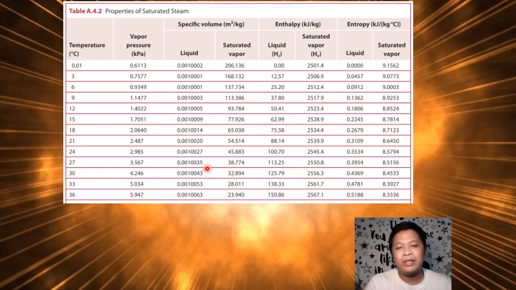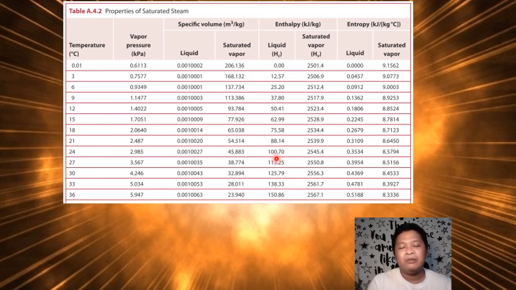So that's the total amount of heat I need to be absorbed by the water to increase its temperature to 30 degrees C. Pero kung makikita natin dito, for the same temperature, kung vapor siya, di hamak na sobrang mas malaki yung energy niya. No? So that is why we want to use the steam table.